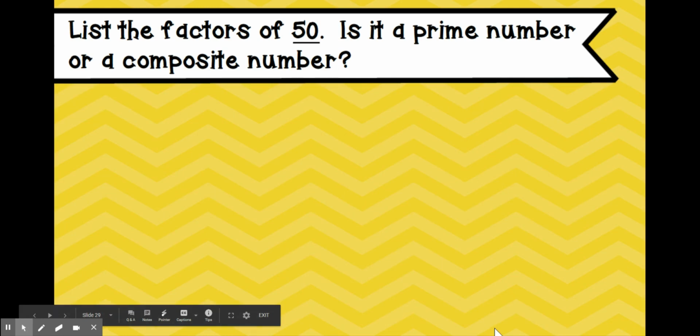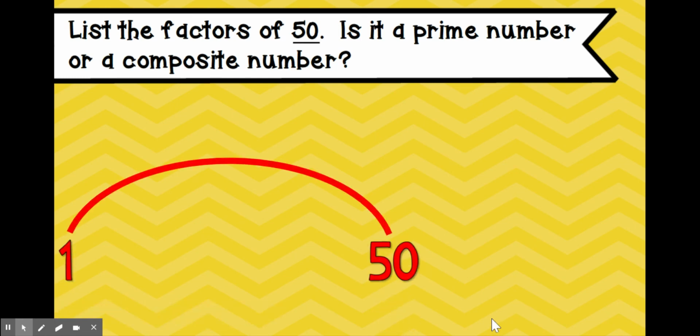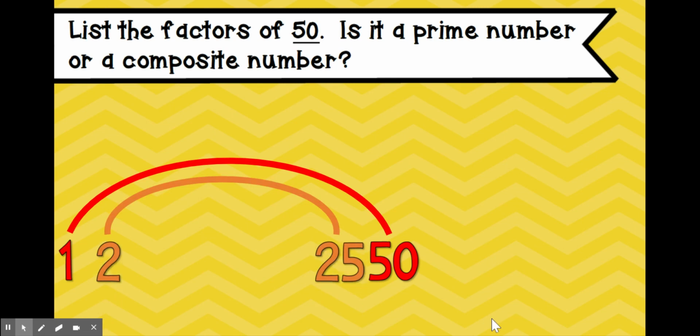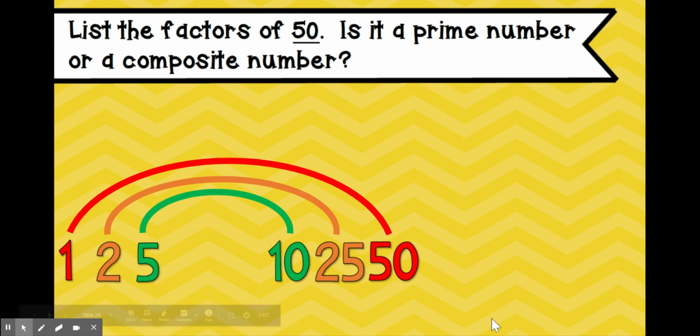So now let's list the factors of 50. Is it a prime number or composite number? So we start off with 1 and itself. 2 times 25 equals 50. 5 times 10 equals 50.